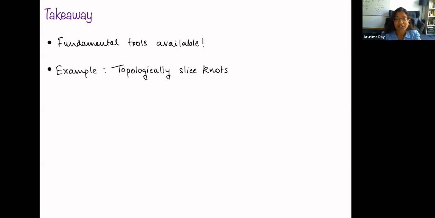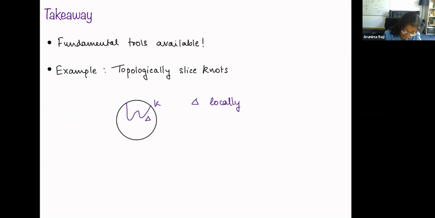So for example, topologically slice, right? A knot is topologically slice if it bounds a disk, like, whoop, not like that. So I want a disk like this, and I say that delta is locally flat. Oops. Okay. All right, but the first thing that I do when I think about a slice disk is often I consider the complement of it.